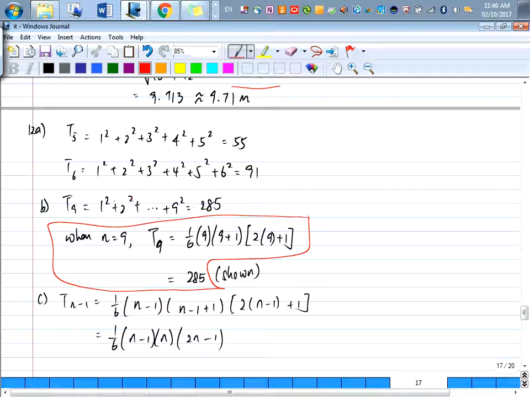So the other method is that you just add everything up. You find the pattern for term number 9, add it up, you find that it is equals to 285. Then you substitute 9 into the formula to see whether it corresponds with what you had earlier on by adding everything up. This is how you show that it is true for n equals to 9.